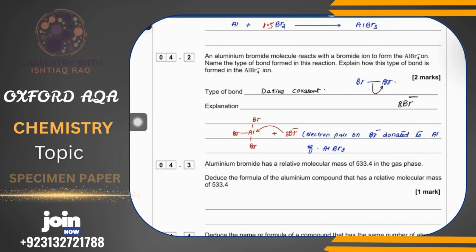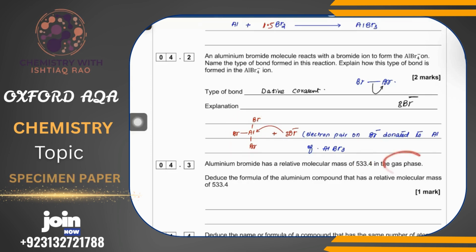First of all, can you tell me the Mr of AlBr3? So aluminum is 27, plus bromine is 80 times three, so 267. That means it doesn't match with this one.